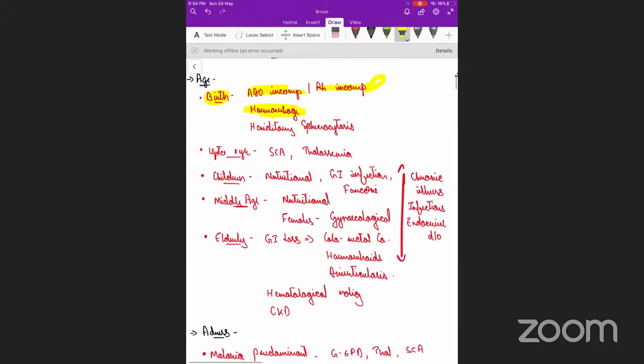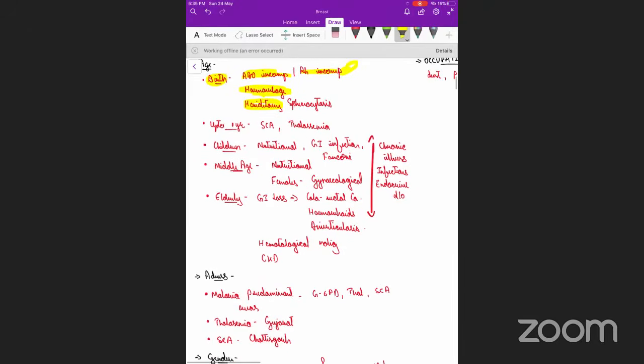Severe variants of hereditary spherocytosis can also present at birth itself. Next, around 1 year or so, sickle cell anemia and thalassemia become prominent because the HbF starts to decrease. Once the HbF decreases, thalassemia and sickle cell anemia show up, correct?